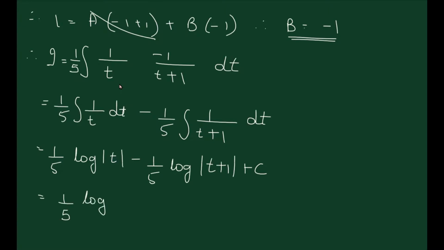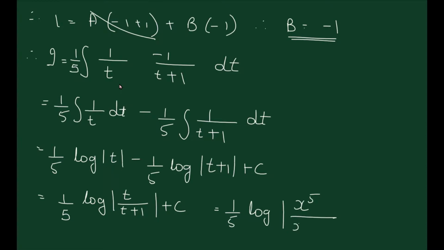We can combine both the logs. Since there is a minus sign, we get t upon t plus 1 plus c, which becomes 1 upon 5 log of mod of x raised to 5 upon x raised to 5 plus 1 plus c. So thus we get the answer over here. Now we go on to a very similar sum.